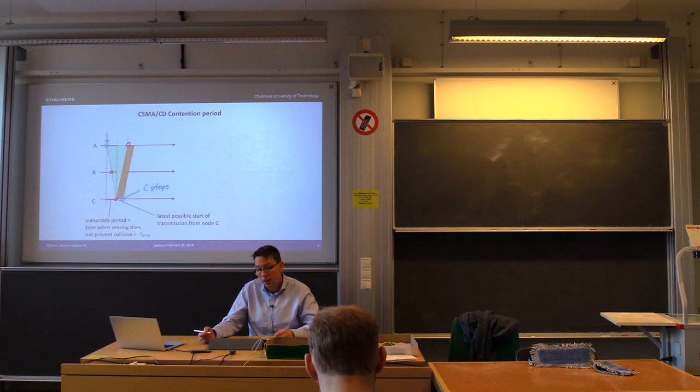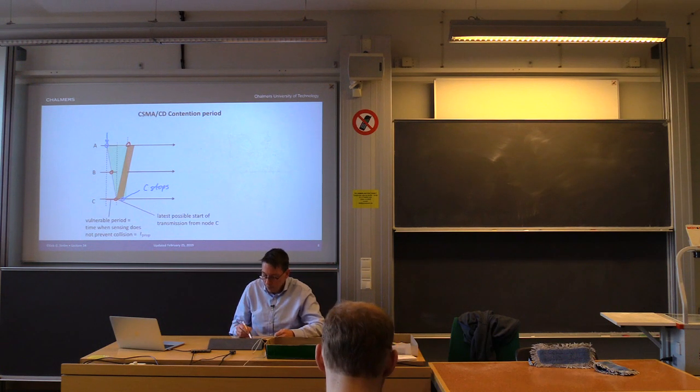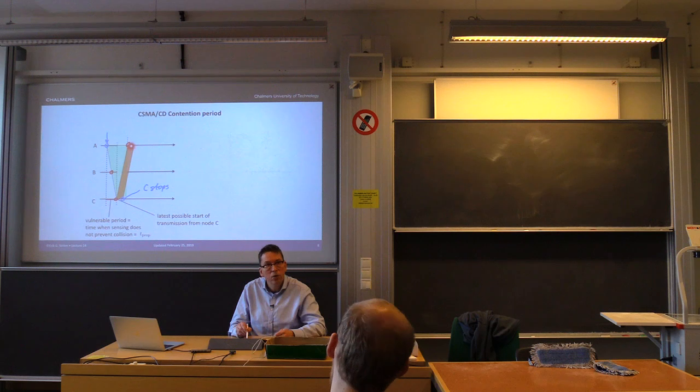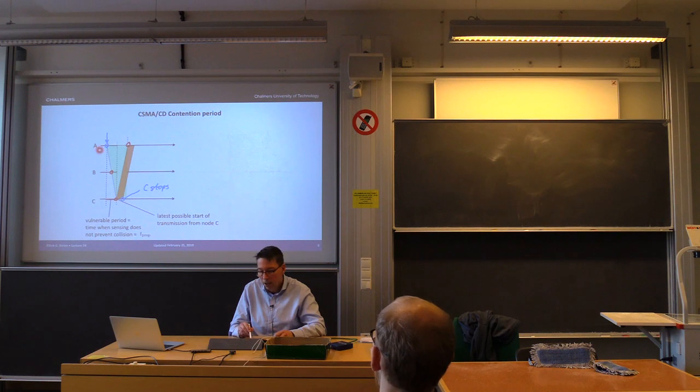And then A can stop its transmission. And to detect C's frame here, C needs to transmit for a little bit of time, because otherwise this will not be detected by A. So that's why you don't immediately stop transmitting when you detect a collision. You continue for a short period of time.